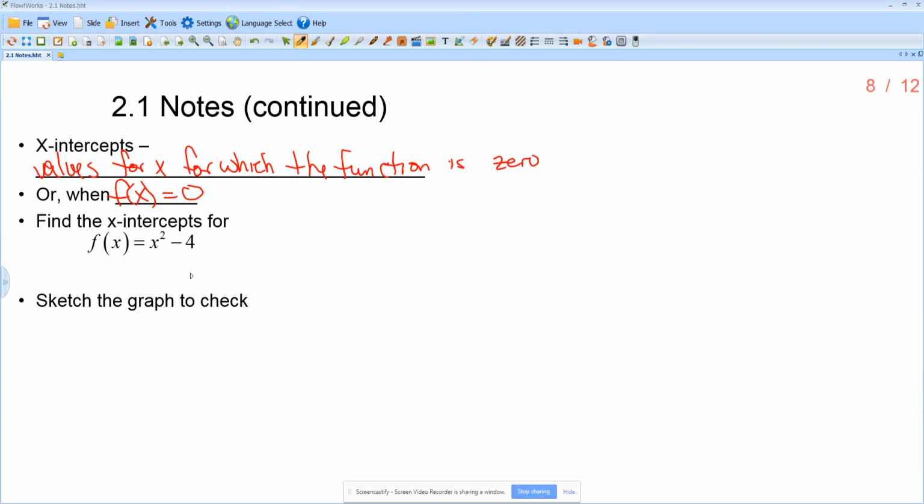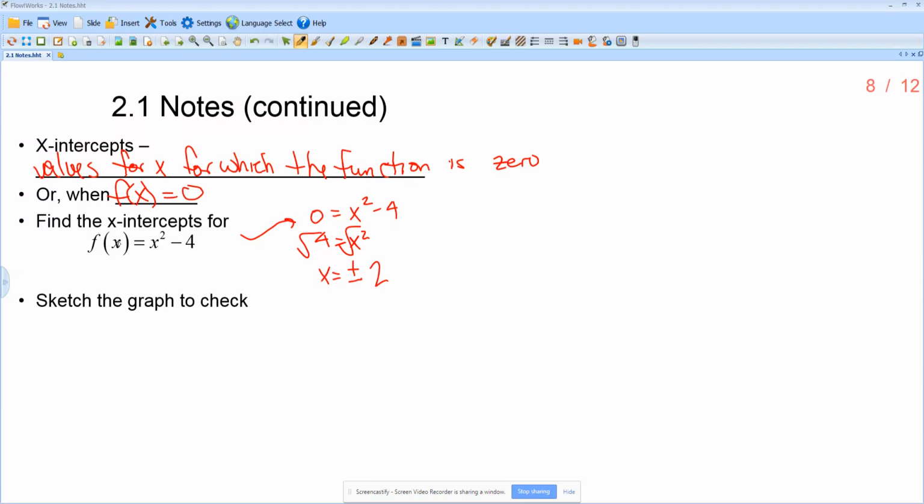So if I have f of x equals x squared minus 4, I would have 0 equals x squared minus 4, and I solve this. So I'm going to have 4 equals x squared. So x equals plus or minus 2. Don't forget that plus or minus.